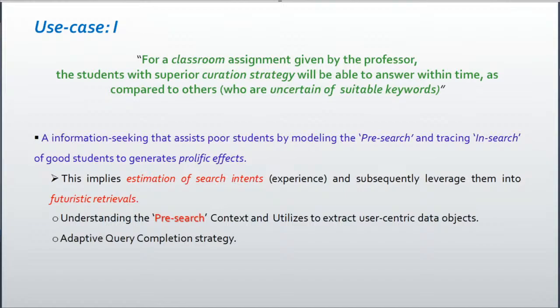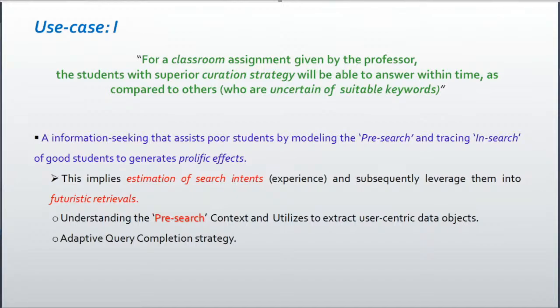This classroom scenario offers one possible direction which one of you might take as a problem statement for your project. Can you collect the search history of those brighter students, model it, and use this learning to assist the weaker students so that they can easily retrieve the results? I refer to this as a search thought process.